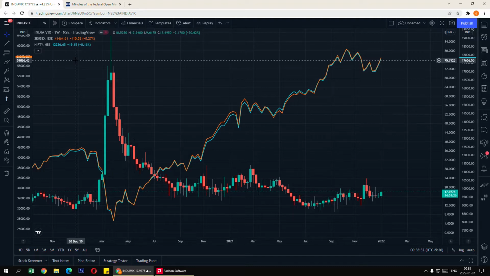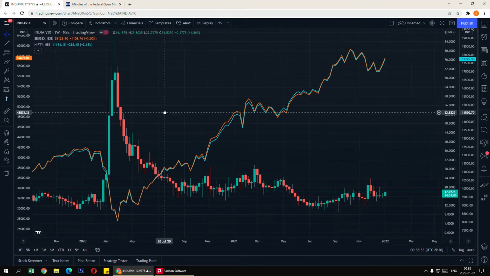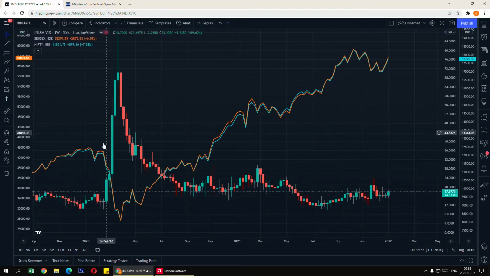Let me explain how it works. The Indian VIX volatility index shows an inverse correlation with our traditional market indices such as Nifty 50 and SENSEX. As you can see on the screen, I have prepared a weekly chart with the inverse correlation of SENSEX and Nifty. I hope you can see properly.